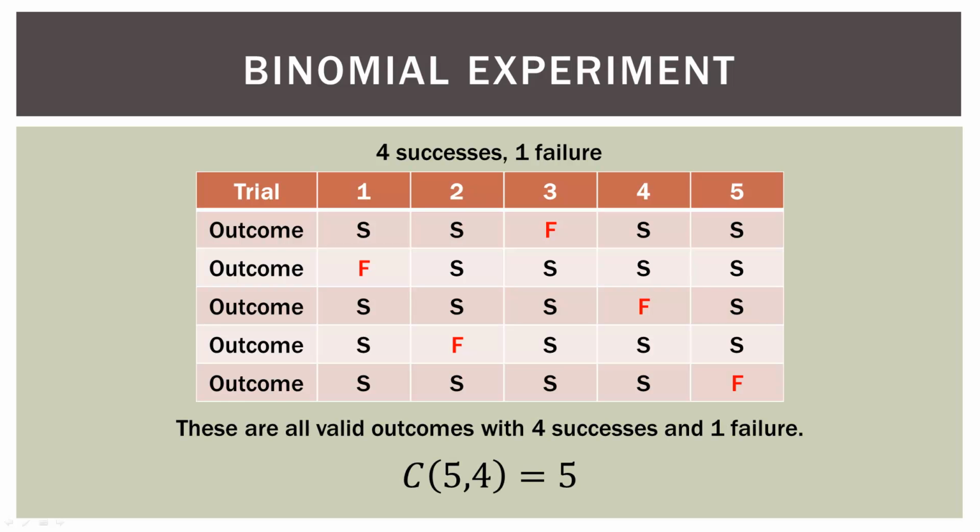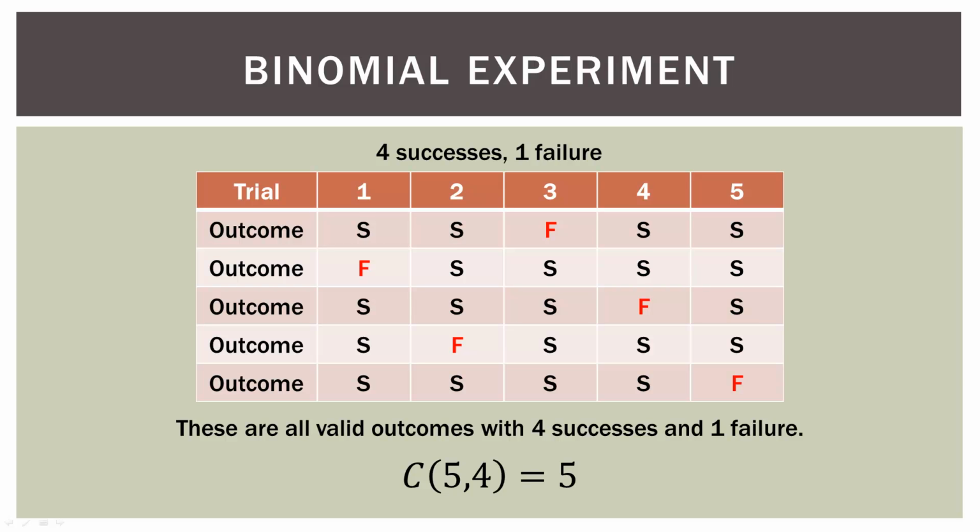Well, 5 choose 4. So if you remember our combinations video, this is where it comes into play. So what we're saying here is there are 5 trials. We are interested in the 4 successes. But those 4 successes can be in any different 5 combinations.